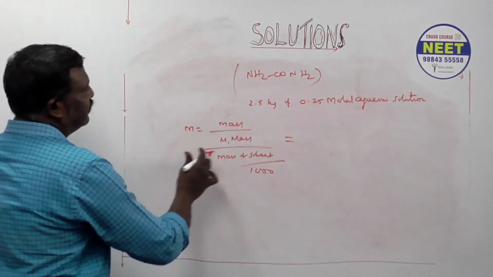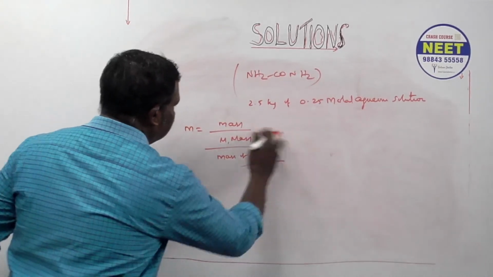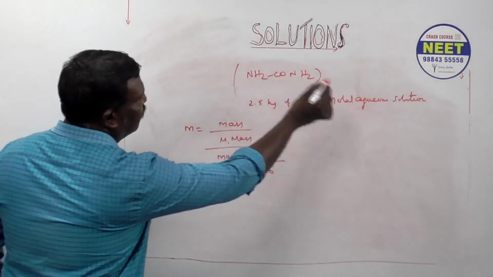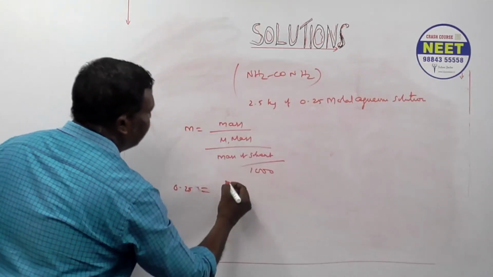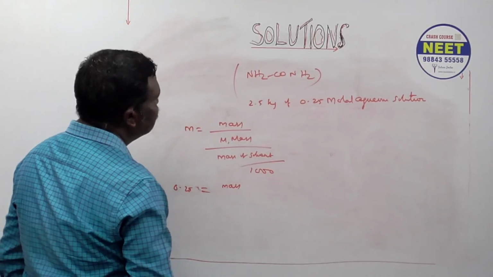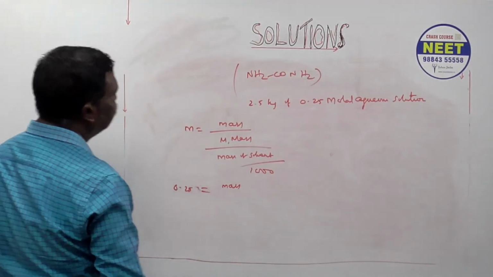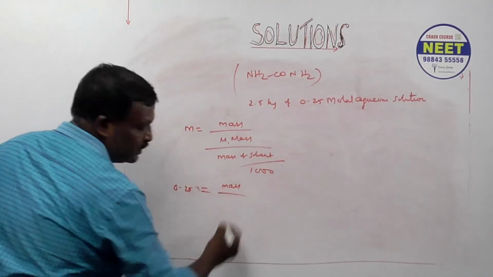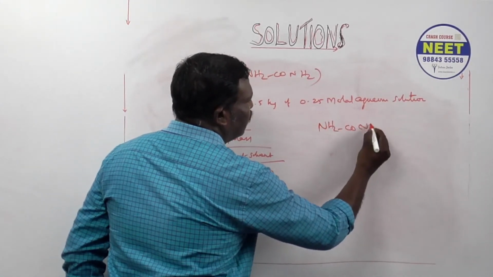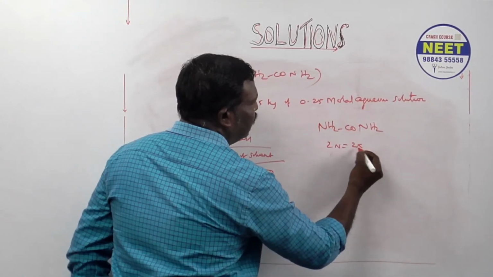Substitute: 0.25 is equal to mass, which we have to find out, by molar mass. Urea formula is NH2CONH2, correct or not?